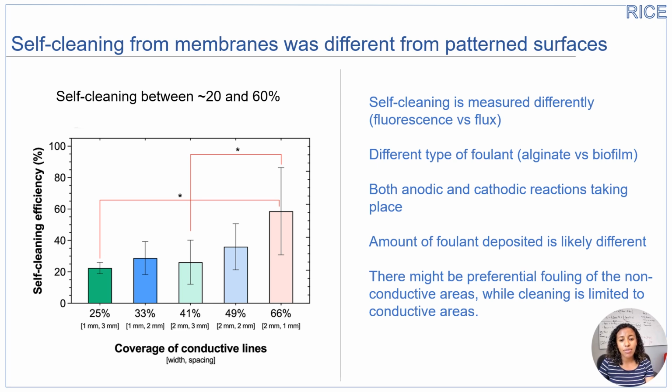And finally, the amount of fouling that's deposited is likely very different between the two studies. Particularly with the membranes, it might not be homogeneous across the membrane, and we might have preferential fouling on the non-conductive areas, where cleaning is limited to the conductive areas.